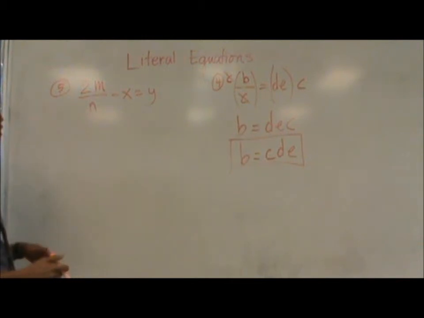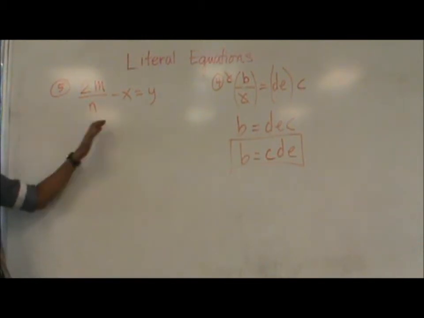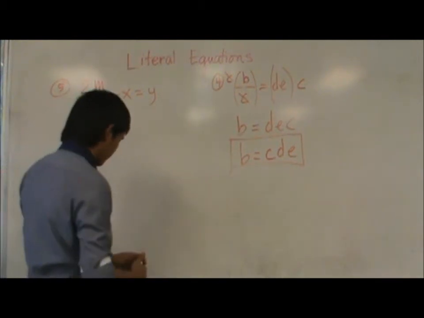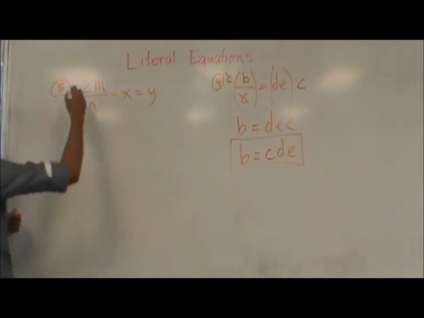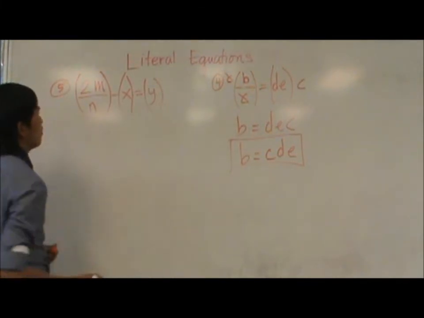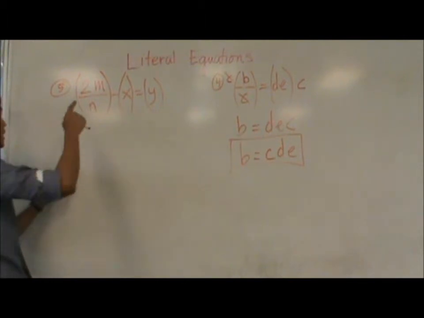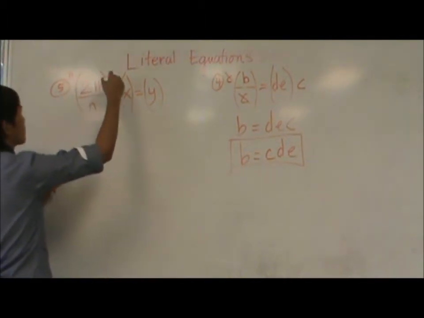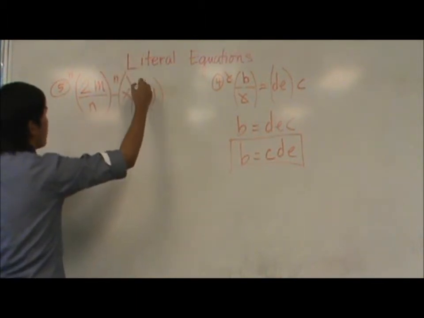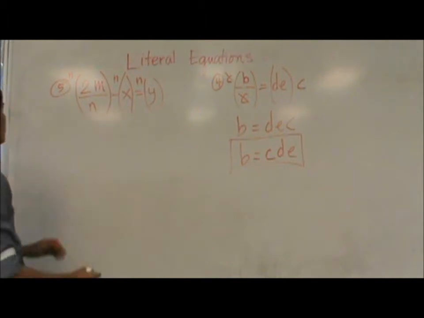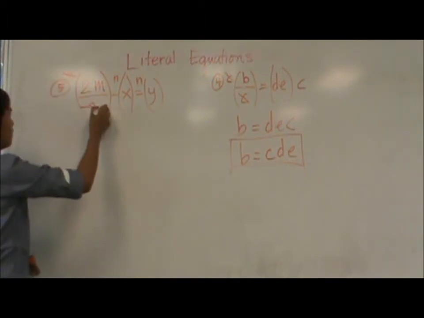There are several ways to solve this, but the way we've been solving equations with fractions is that first we have to get rid of the denominator, which is n. In our classroom, we have been multiplying every term by the denominator because we hate fractions.